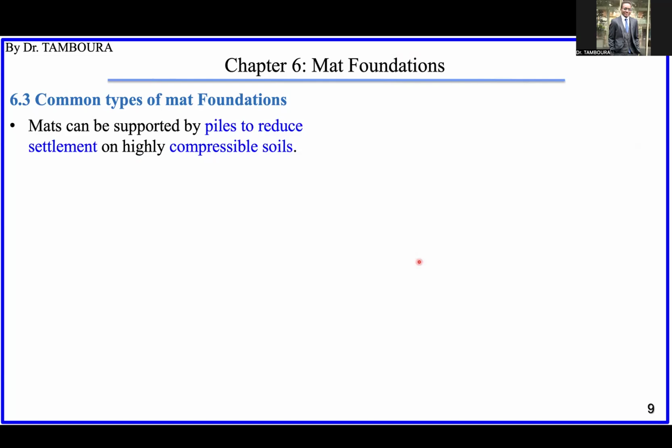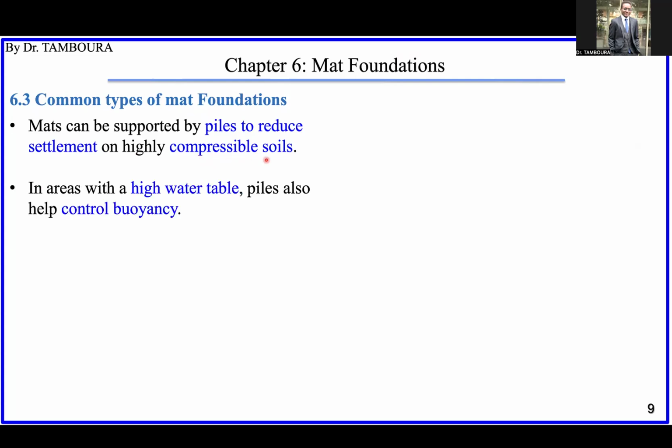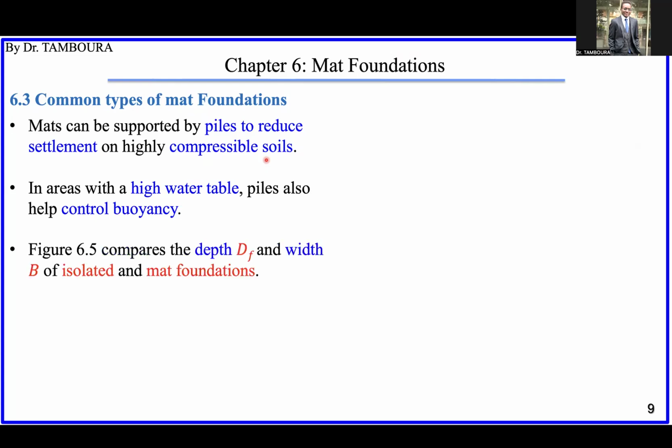We can also use piles to support the mat foundation in order to reduce the settlement. If you have a highly compressible soil, you can do that. And if you have a high water table, using piles can also help to control buoyancy.